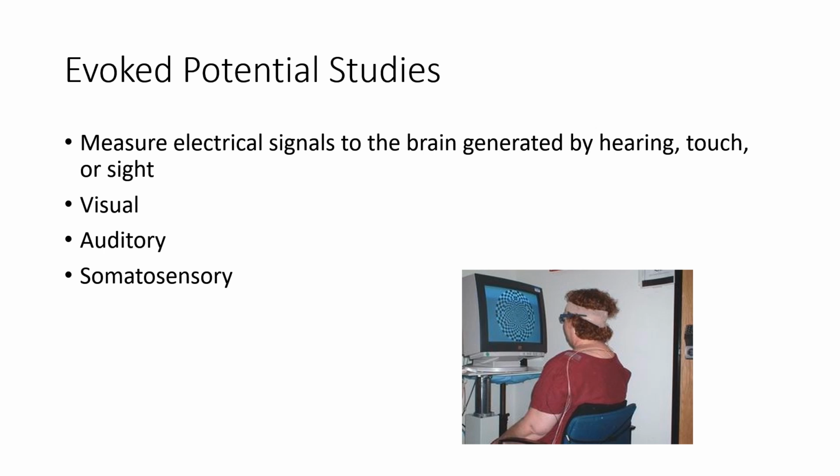For a peripheral somatosensory test, they would use an electrical stimulus through the skin, much like they do the EMG, to test the extremities. So evoked potentials can be visual, auditory, or somatosensory, or peripheral, and we are applying some other kind of stimulus to the patient to see if we get a response.